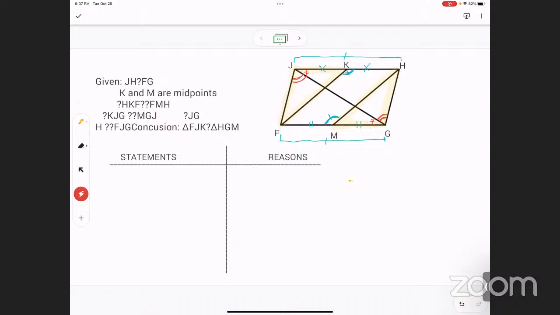Can you read what the addition property says? If an angle is added to two congruent angles, then the sums are congruent. And if congruent angles are added to congruent angles, then the sums are congruent. I think that's the one. That's the one, the second thing that you said.